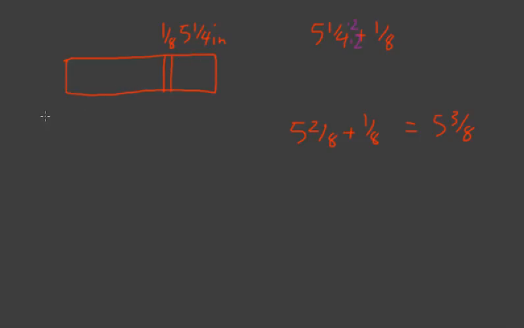This board is not to scale, but if this board is technically supposed to be 8 feet long, then you're going to be removing in total 5 3/8 inches, because you have to take into account the width of the saw.